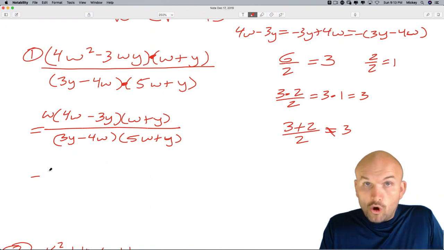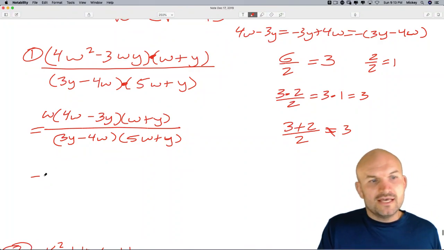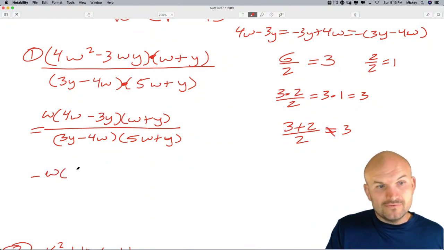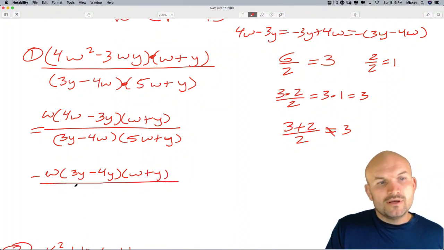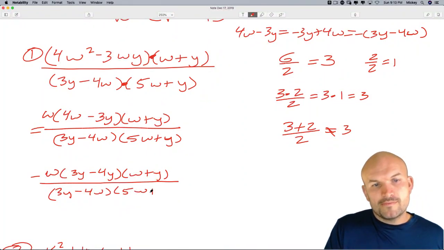I know it's not intuitive to just rewrite it like that. But your goal when simplifying rational expressions is to have the same terms in the numerator and denominator so we can apply the division property. And there's nothing else we can do for these other terms to simplify. So now these are exactly the same, and everything is separated by multiplication.